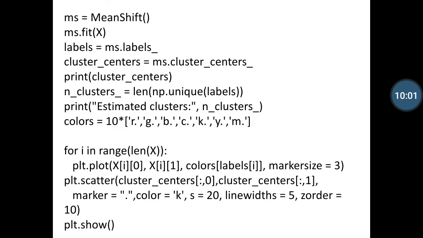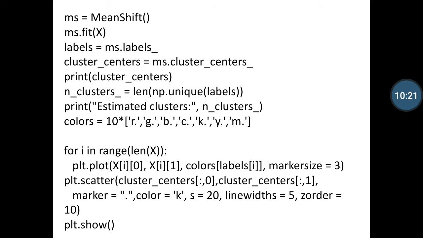Then after that, I am defining the mean shift algorithm, another example, for creating the data in various colors, labels or marker sizes. Those are defined in this example.